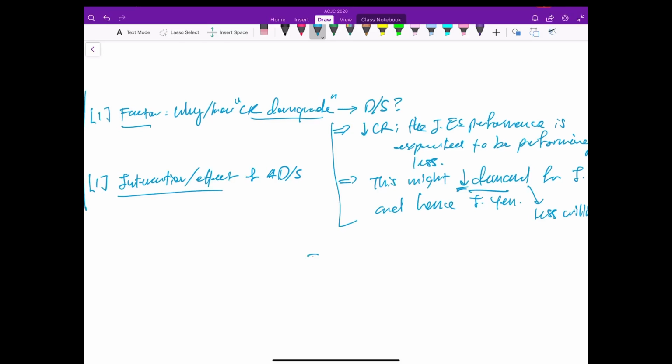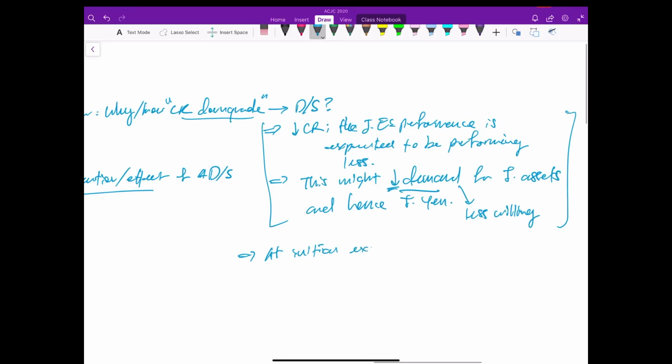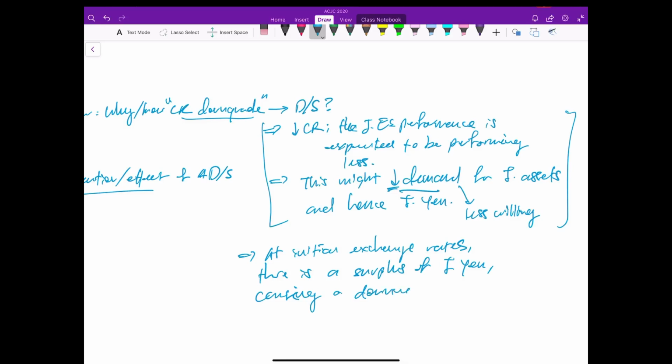So at the initial exchange rate, there is a surplus of yen causing a downward pressure on yen, thus reducing the value of yen.